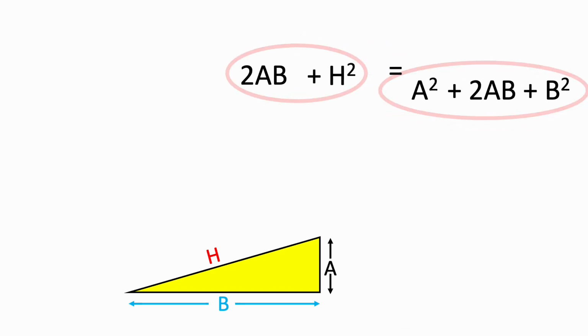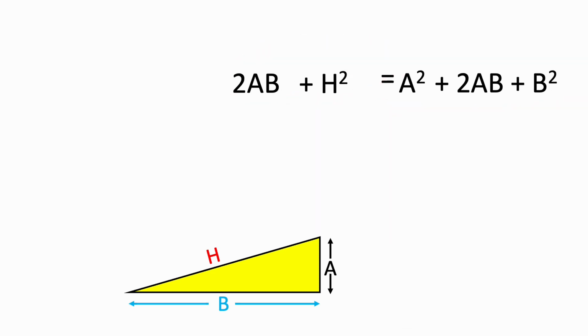They're both the area of the whole figure, the whole yellow square with the white square inside it. So for any such square, 2AB plus H squared is equal to A squared plus 2AB plus B squared.